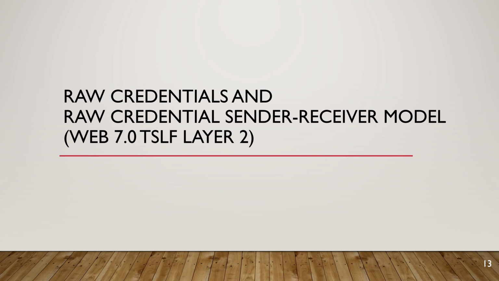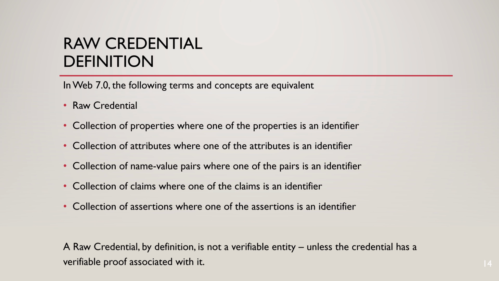The definition we use in Web 7.0 is for a raw credential, and we try not to use the word credential by itself, just like we try not to use the word SSI by itself, or the word DIDCOMM by itself, because each of those words has so many meanings. So we're trying to center our conversations around raw credentials and not just plain old credentials.